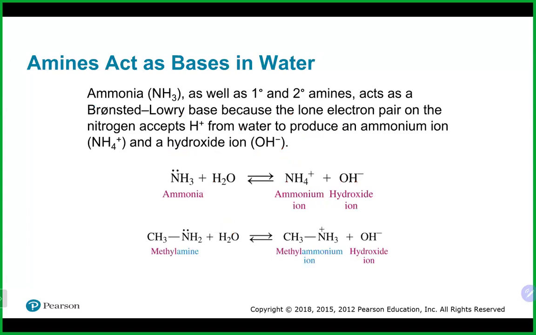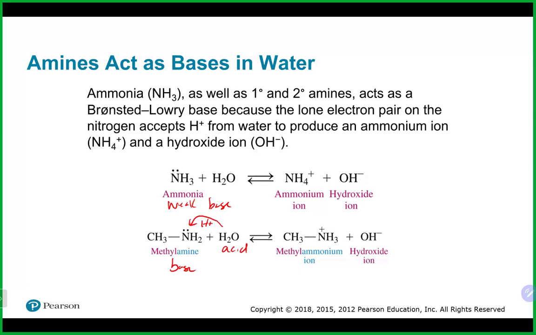All right, so let's talk a little bit about some reactions amines do. Because they are really ammonia derivatives, and ammonia is a weak base, not surprisingly, maybe they will act as bases with water. This is again going to be our Bronsted-Lowry definition, much like we talked about. We're going to get our water acting as the acid, our amine acting as the base, and we're just going to send over our H plus.